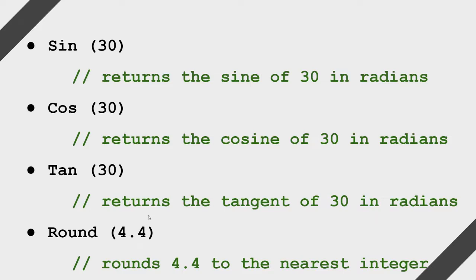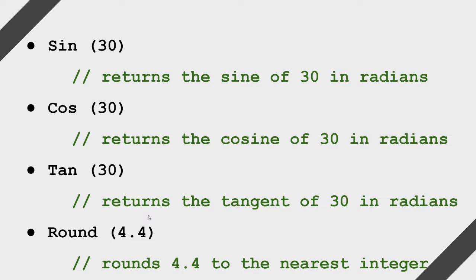If you want it in degrees, you would need to compute a calculation that would convert the result to degrees. But you can still find the sine of 30 in JavaScript, as well as the cosine and the tangent.